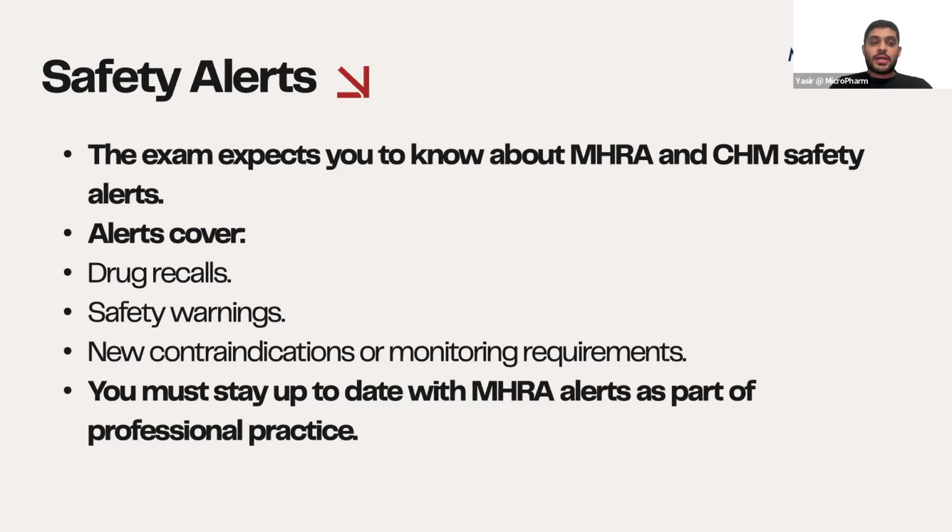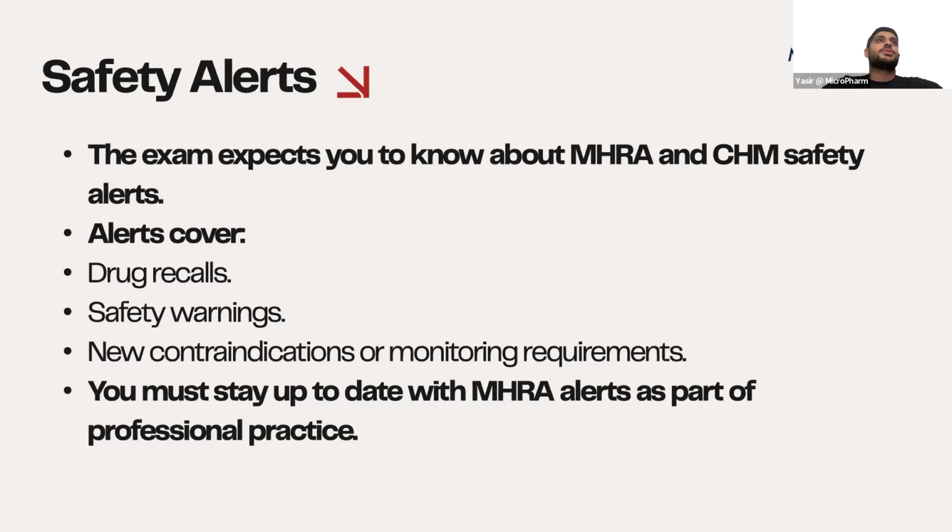The CHM is the Commission on Human Medicines. Sometimes when you see a safety warning under the monograph, it will either say this is an MHRA warning or this is a CHM warning, but ultimately the warning is something they think is important for you to know about the medication.